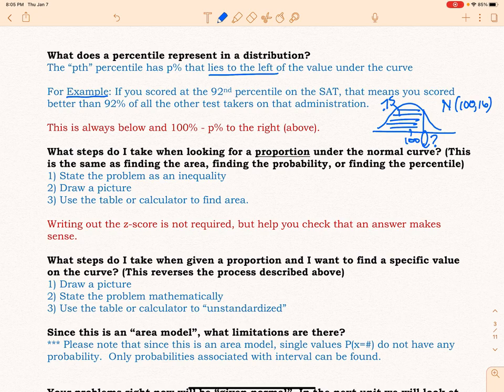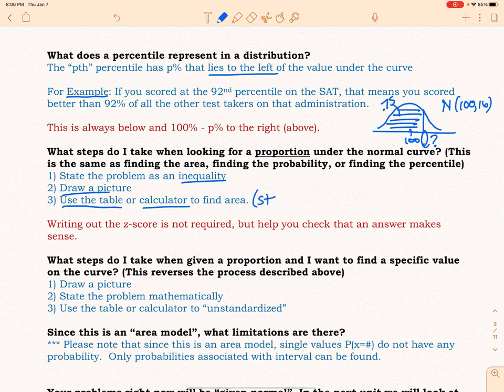It is always below. All right, what steps are we going to take when we're looking for a proportion under the normal curve? We've already done this a little bit with our empirical rule, but now we're opening it up because we're going to have to actually calculate some things. When we get to a problem, these steps will make sense. We are going to state the problem as an inequality. We are going to draw a picture, and then we are going to use a table or calculator to find the area.